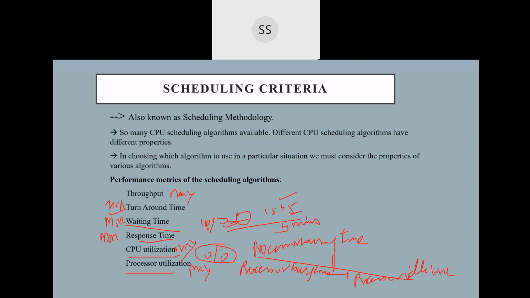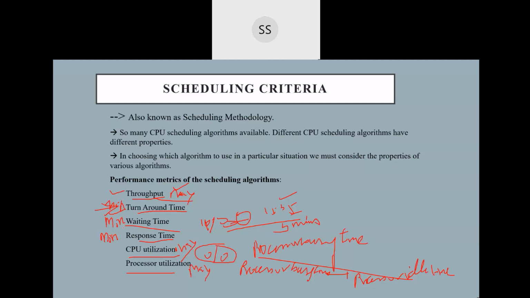Okay, one girl has asked me to repeat. Throughput is the number of processes executed per unit of time, and this must be maximum. Turnaround time is the interval between the submission time and the completion of execution, so that must be very minimum so that the task can be performed very fast.